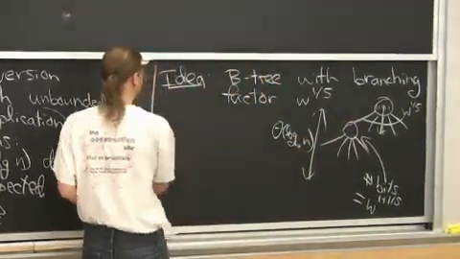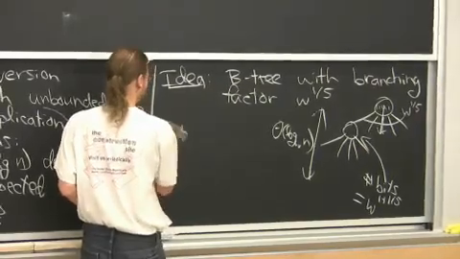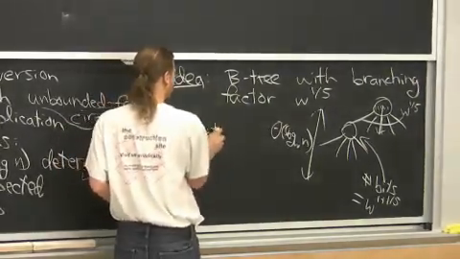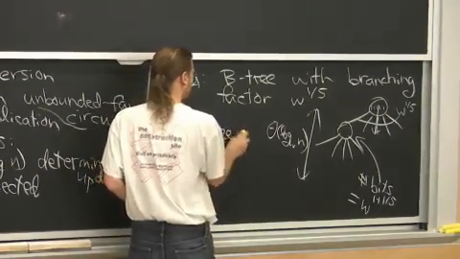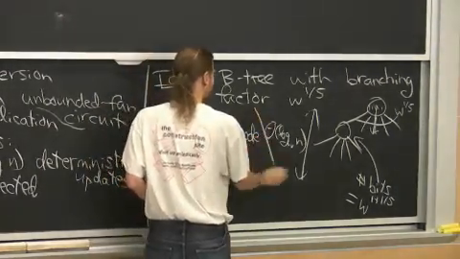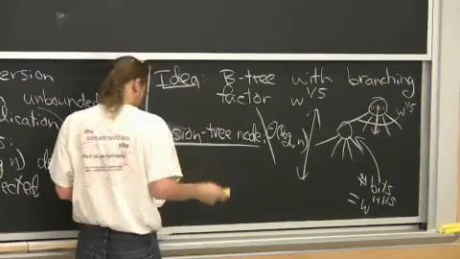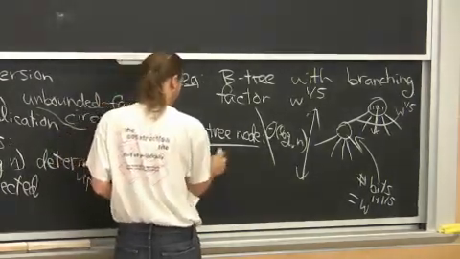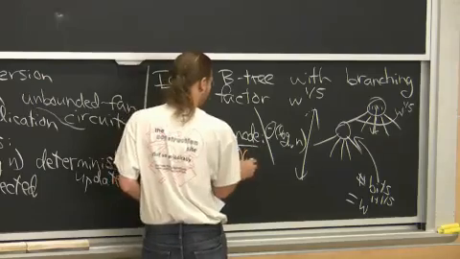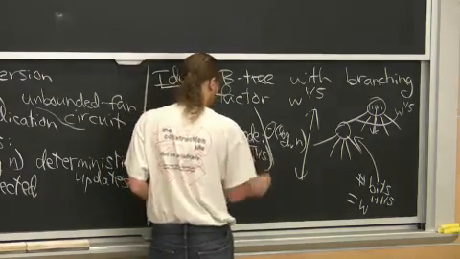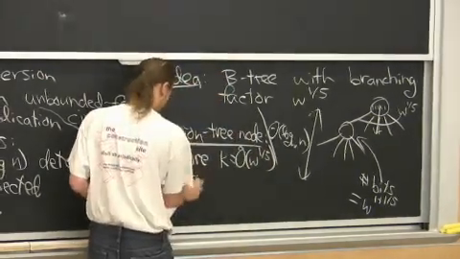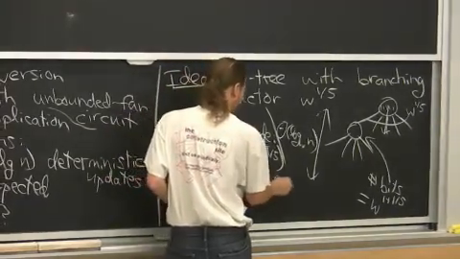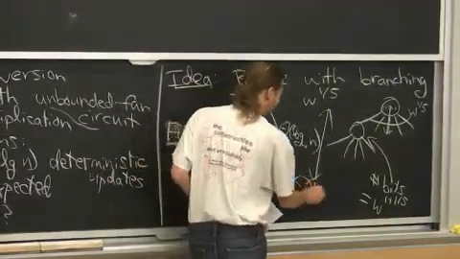So this is the idea of a fusion tree node. We need to be able to store k, which is order W to the 1/5 keys. I'm going to give them some names, x0 up to x_{k-1}.